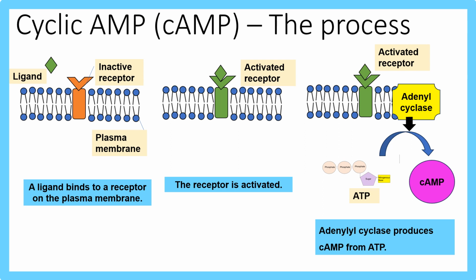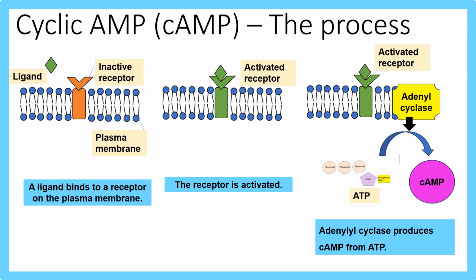So let's have a more visual image. In this first image over here, you can see there's a ligand, it has an inactive receptor, and you have the plasma membrane. So the ligand needs to bind to the receptor in order for the receptor to be activated. So there's where you can see the activated receptor in the second image.